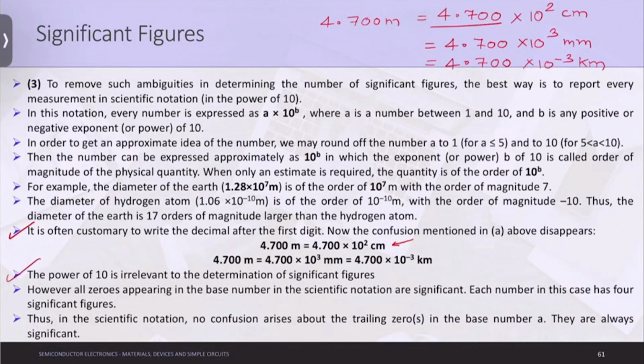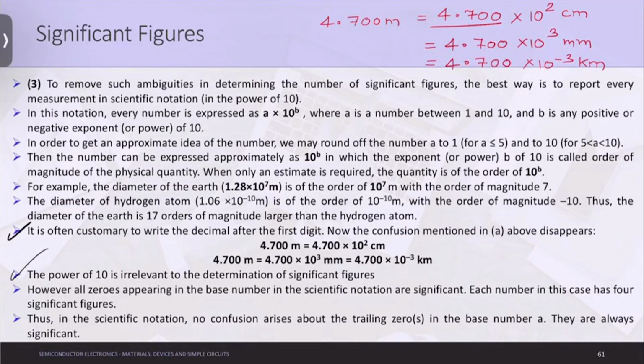The next slide states that the power of 10 is irrelevant to the determination of significant figures. Quite evident. There is no use, we just look at these quantities and we can find out the answer. However, all zeros appearing in the base number in the scientific notation are significant. Each number in this case has 4 significant figures.